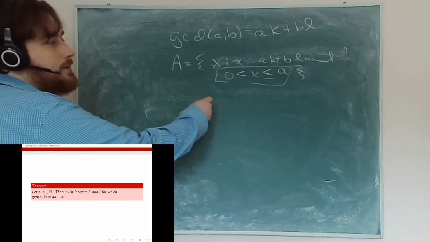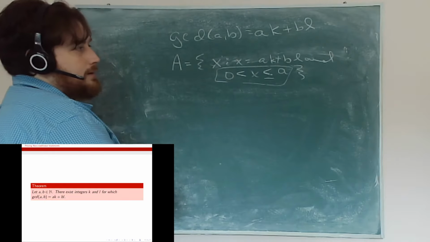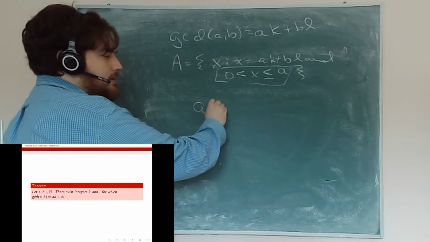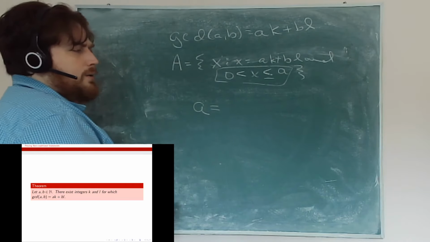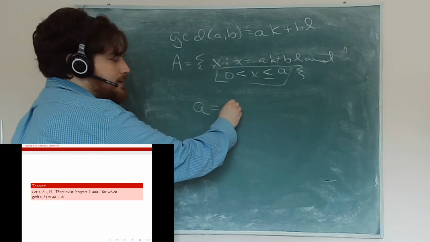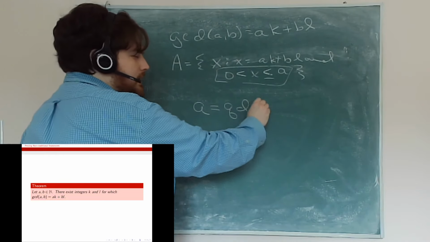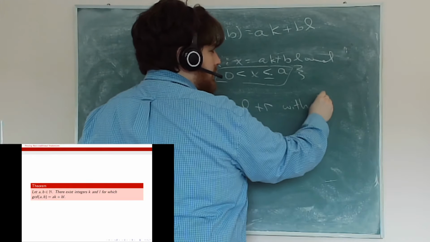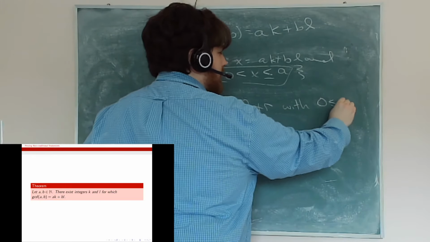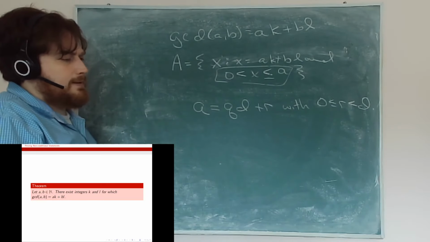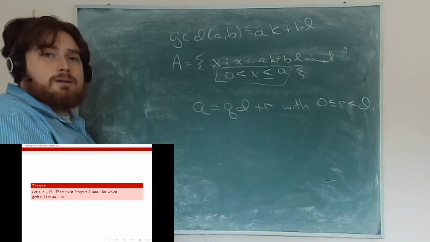And so what I want to do is I want to take A and divide by D. Now, if I do that, I know that by the division algorithm, A is going to be some integer Q times D plus some integer R with 0 less than or equal to R less than D. So now we did the division algorithm.